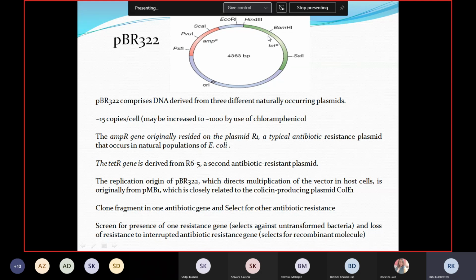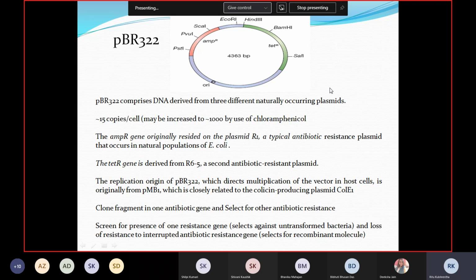Now let's say that I use BamHI for cloning my gene of interest. I cloned it into pBR322 by first restriction digesting it with BamHI and then performing a ligation reaction. And then whatever the ligated products are, I introduce those into bacteria.